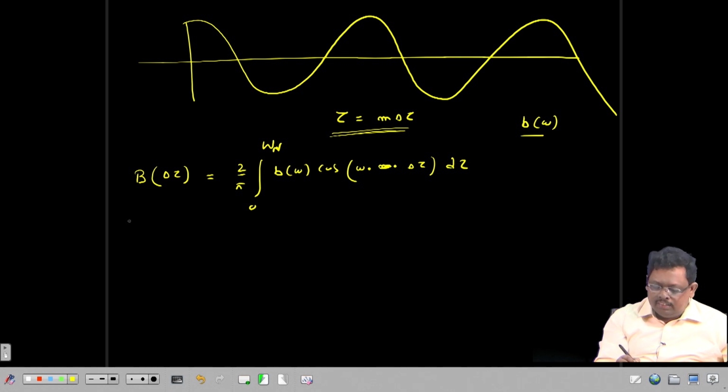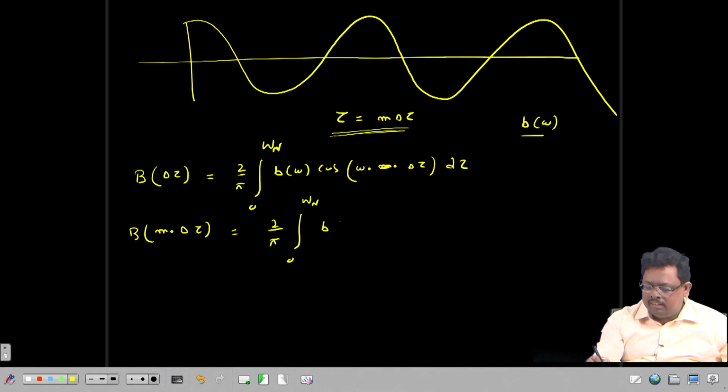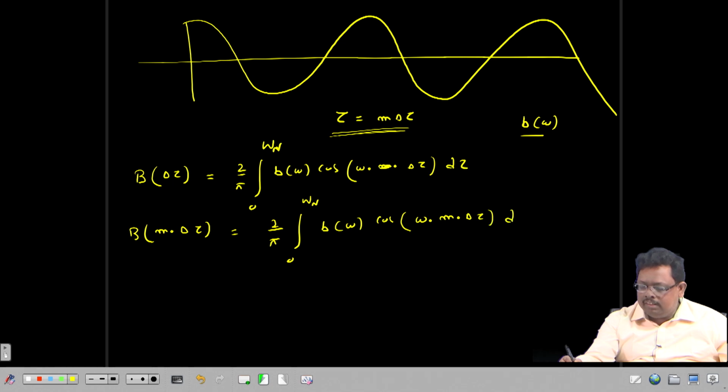Okay, so this is the equation. Now, if I try to do b into m into delta tau, it is 2 by pi, 0 to omega n, b omega into cos of omega into m delta tau into d tau.